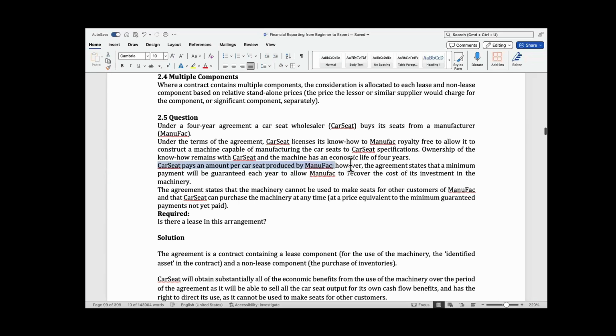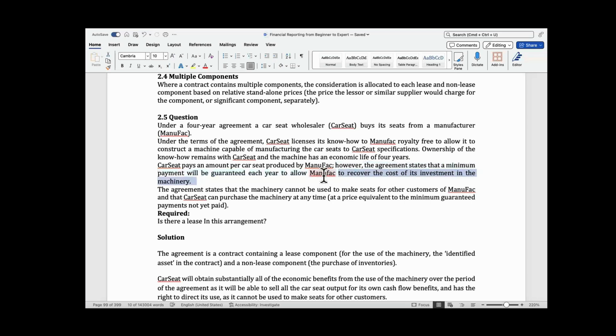You see, this one they are talking about here is like a lease rental. So this goes to show that every year, Car Seat must pay a certain amount of money to Manufac so that he can recover the cost of the machine.